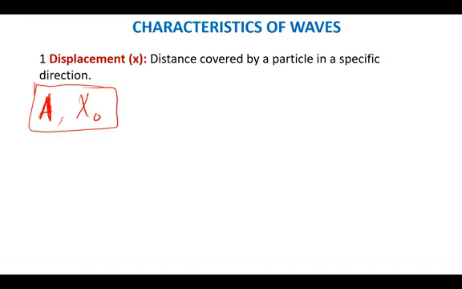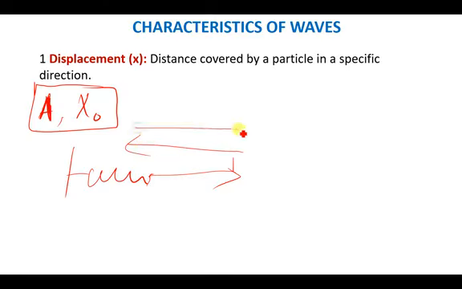Remember when you talked about a spring attached to the wall like this. As you stretch it this side and then release it, it will go back, and the second time it comes back this side, it's going to pass the point which is called the equilibrium point.